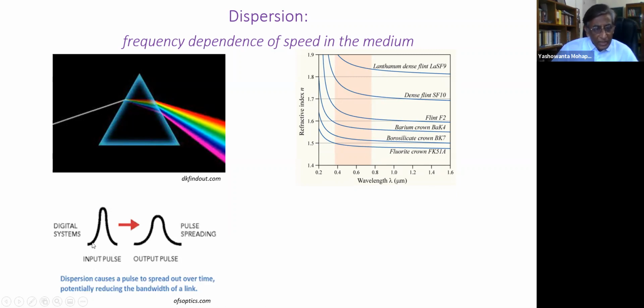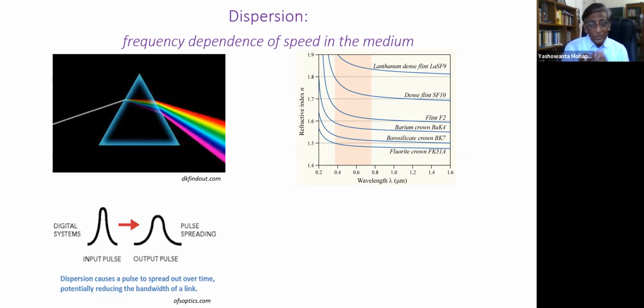As I told you, I can compose a lot of harmonic waves to make this pulse. But inside this pulse all these harmonic waves could be traveling at different velocities, their phase velocities. So after some time this will spread, because the faster ones will move faster and the slower ones will be lagging behind, and hence this pulse will spread. In communication it is very, very important.